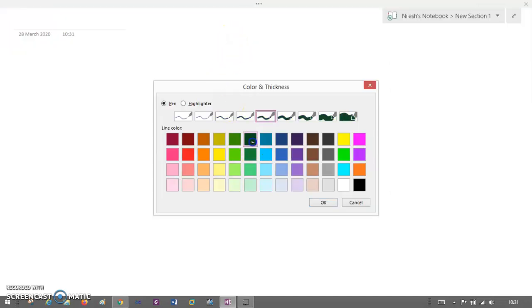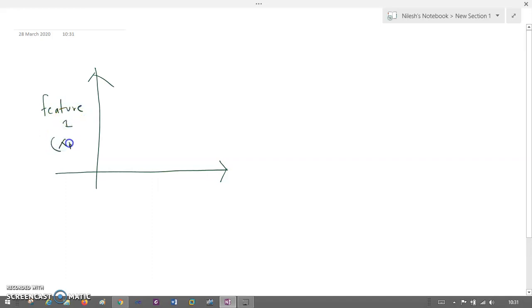And also from the graph you can see, let me just change the color a little. So if this is the graph, then let's say these are the two features: feature 1, which I'll say is x1, and this is feature 2, which is x2.